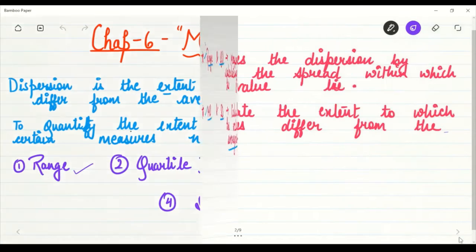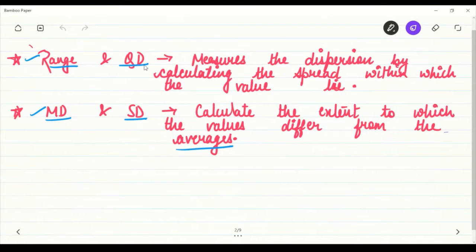We also read that range and quartile deviation measure the dispersion by calculating the spread within which the values lie.